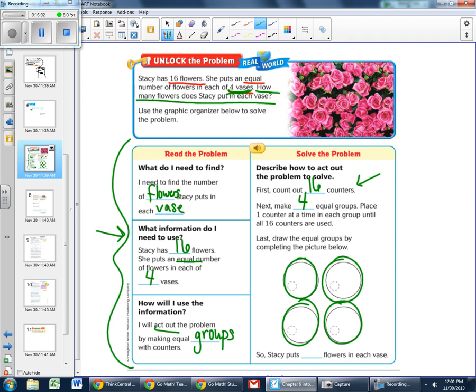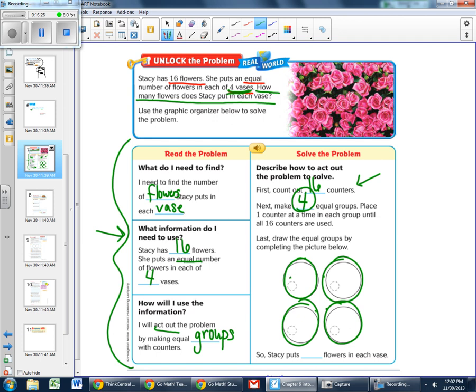Place 1 counter at a time into each group until all 16 counters are used. So if you're going to actually use the counters, you're going to make 4 separate groups on your workspace. You might have to use the floor by your computer, or you can draw them out like I am. So I have my 4 vases, my 4 groups.